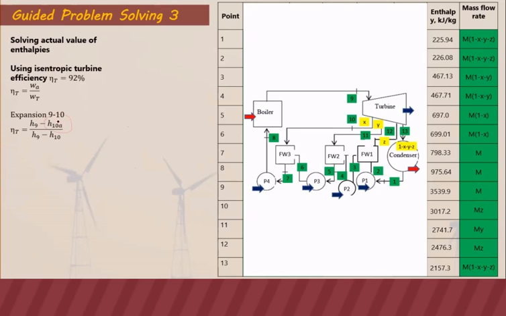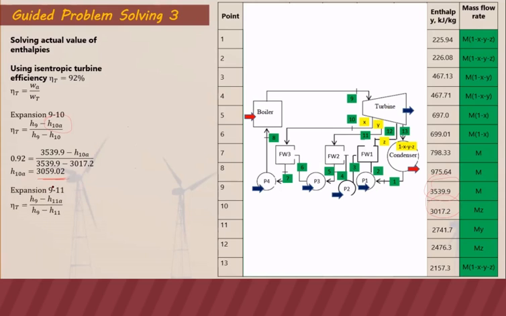This actual here is the one that we are looking for, the actual value at point 10. If we substitute 9 and 10 from this table and solve for H10, our H10 is 3059.02. As you can see, it is larger than the isentropic, ideal value, which is 3017. So the actual is 3059.